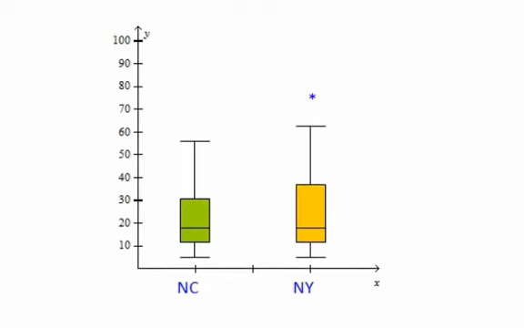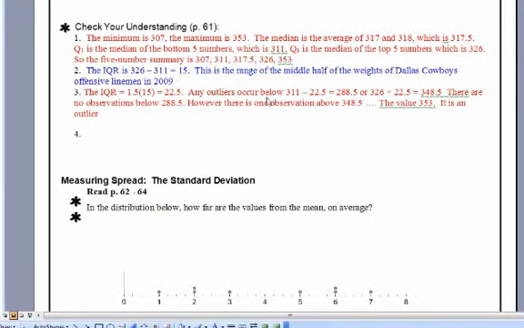So now would be a good time to stop and check your understanding. Find a 5-number summary for these data by hand. Show your work. The minimum is 307. The maximum is 353. The median is the average between 317 and 318, which is 317.5.